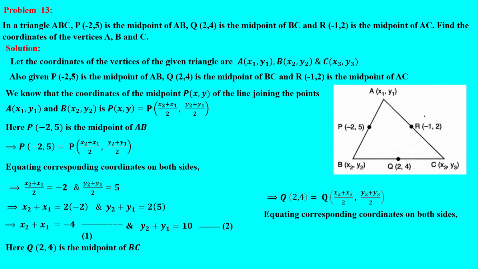Equating the corresponding coordinates, (x2 + x3)/2 equals 2 and (y2 + y3)/2 equals 4. Cross multiplying, x2 + x3 equals 2 into 2 and y2 + y3 equals 2 into 4. That implies x2 + x3 equals 4, that is equation number 3, and y2 + y3 equals 8, equation number 4.